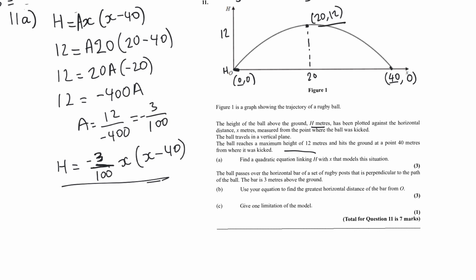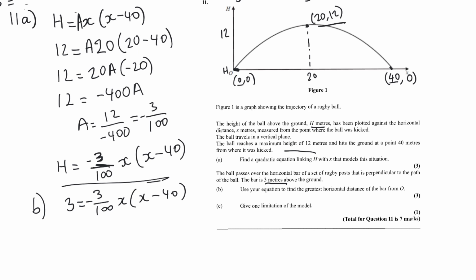And then for part B, it says use your equation to find the greatest horizontal height of the bar from O. So using our formula that we've made, the height from O is now 3 meters. So we're going to substitute h as 3. So 3 is equal to minus 3 over 100 x minus 40, and then we can make the equation equal to 0.